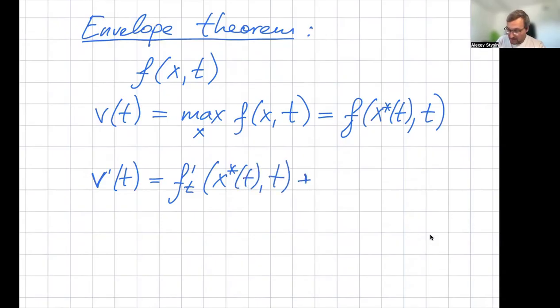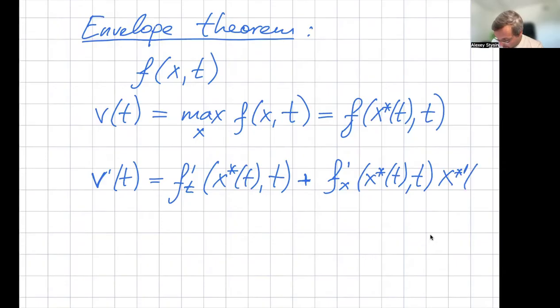And then we also need to go through this combination. So we need to do the derivative of f with respect to x star of t and t. And now we also need to take the derivative of optimal x with respect to t.